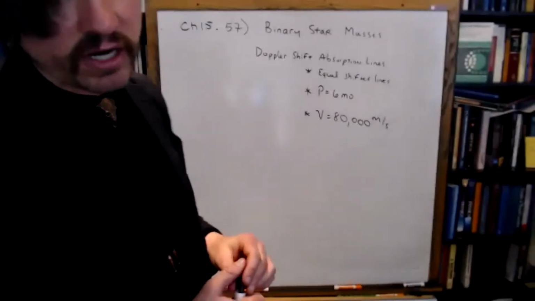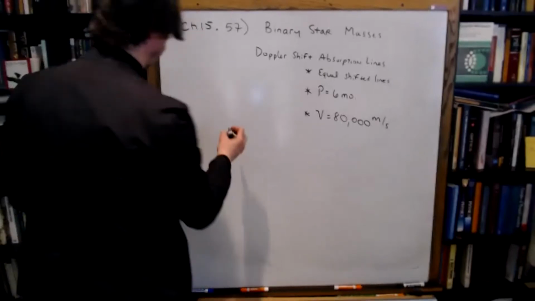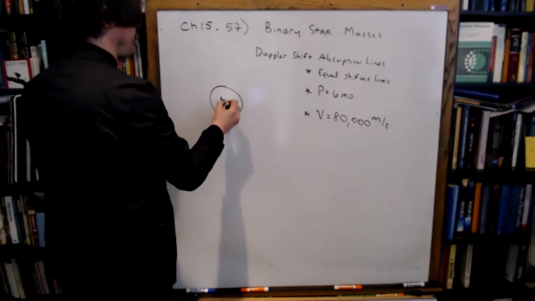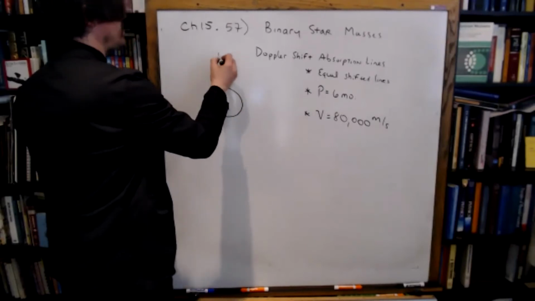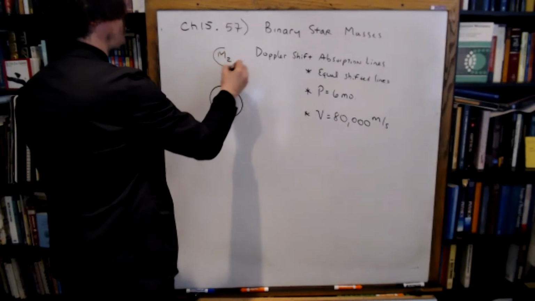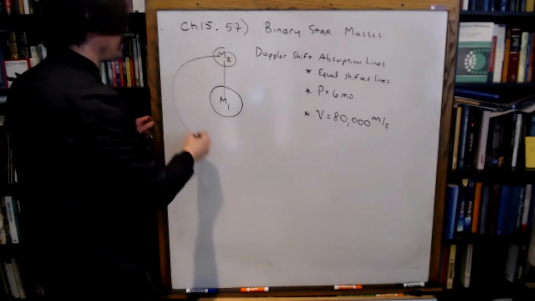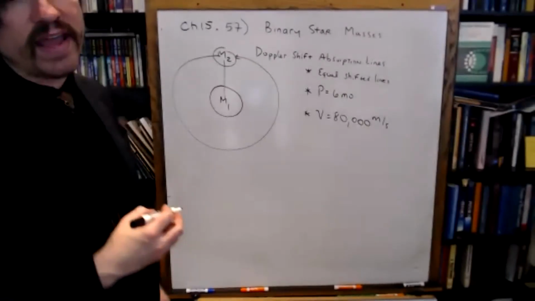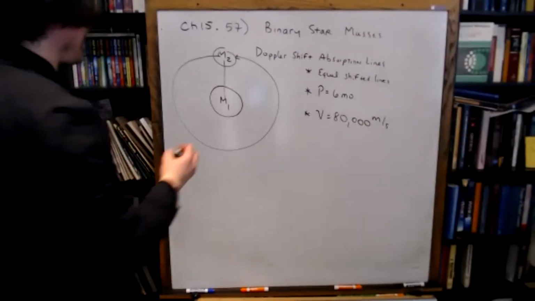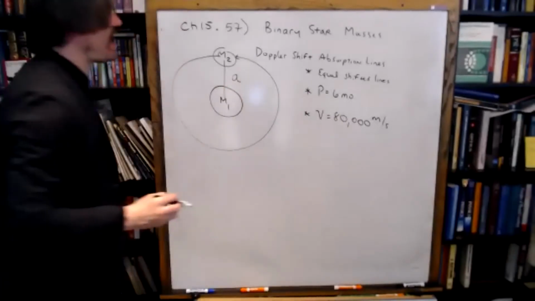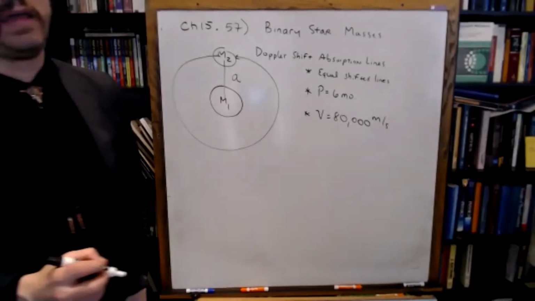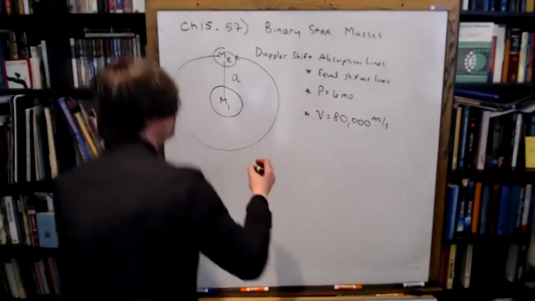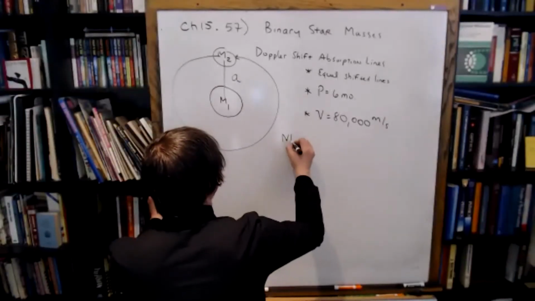Now we're going to draw a little cartoon together of how this works. I have one star, the mass of star 1, and a smaller star, M2, is orbiting around it in a quasi-circular orbit, okay? The radius of the orbit is A for semi-major axis. And our goal is to measure the masses of the two stars using Newton's version of Kepler's third law.